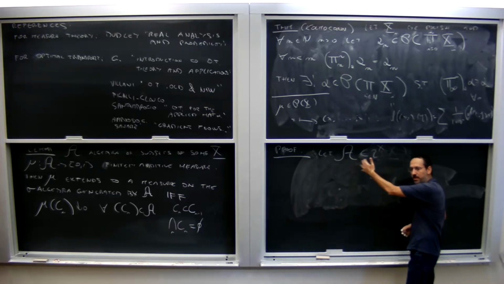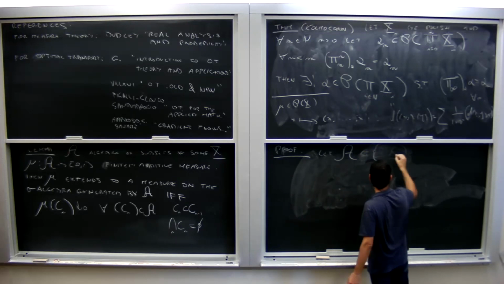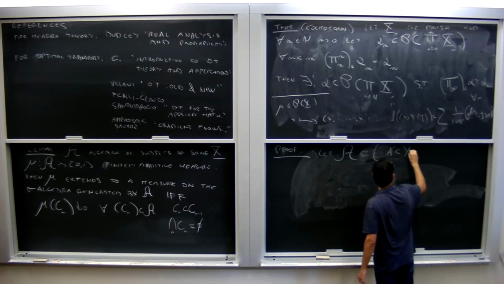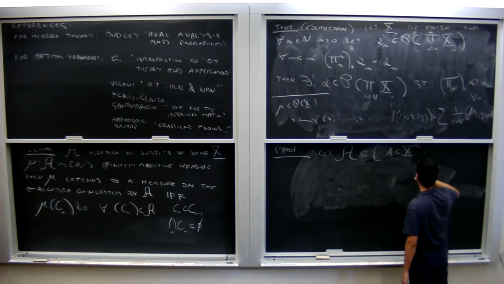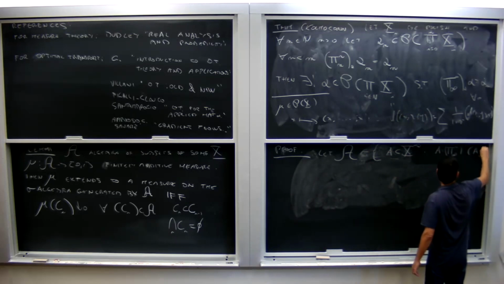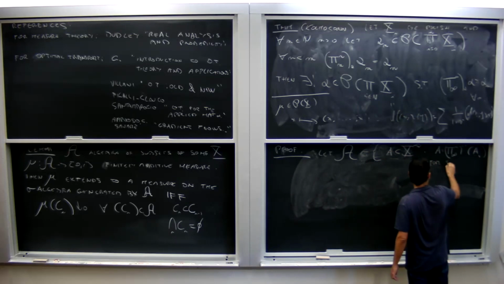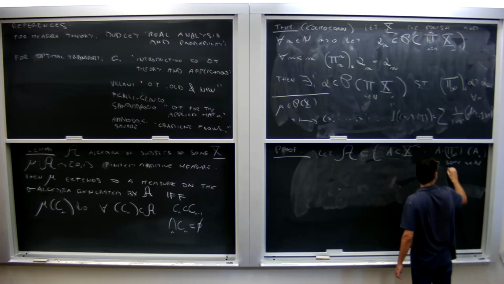A collection of subsets, so this is the set made of those subsets A of X infinity, let me write X infinity to denote the product space, such that A is equal to pi infinity n inverse of A_n for some n in N and A_n Borel in X_n.